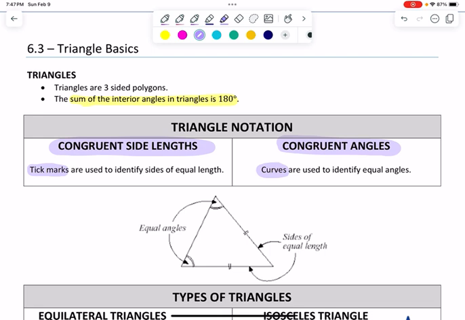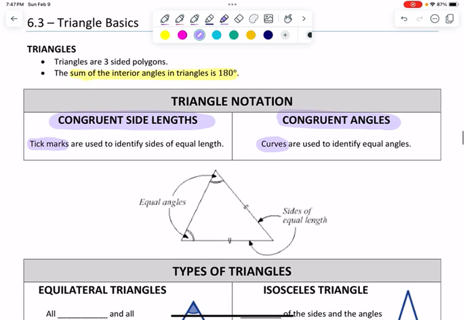Just looking at the diagram below here, I can see I have a triangle, a three-sided polygon. Based on this, I can see that these two side lengths, this pink one over here and this pink one over here, are congruent because I can see they have equal markings on both sides. The third side length would not be congruent to those two pink ones because it is lacking those markings.